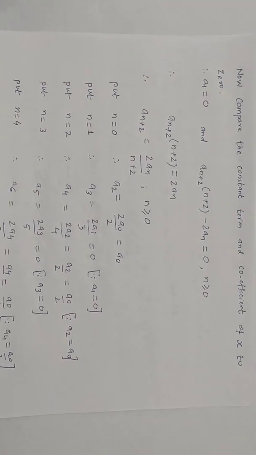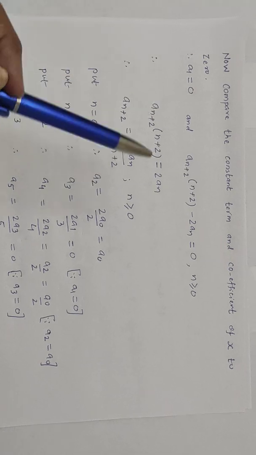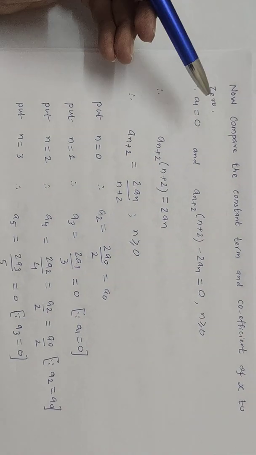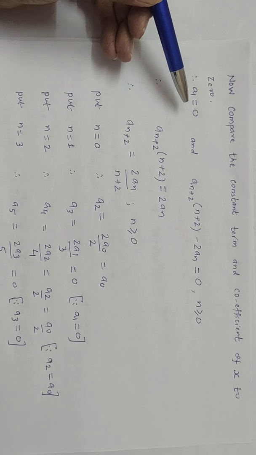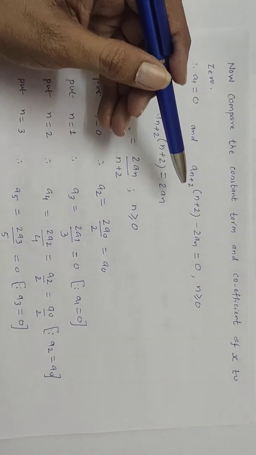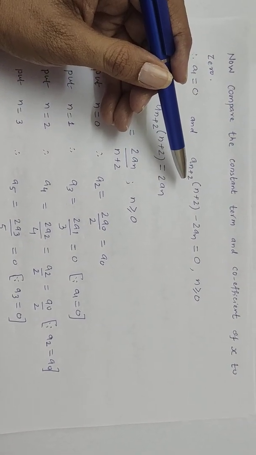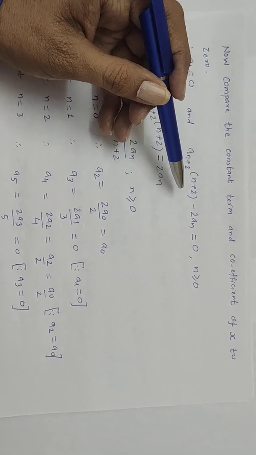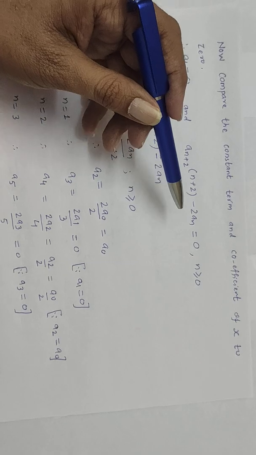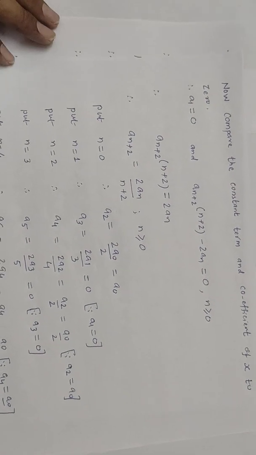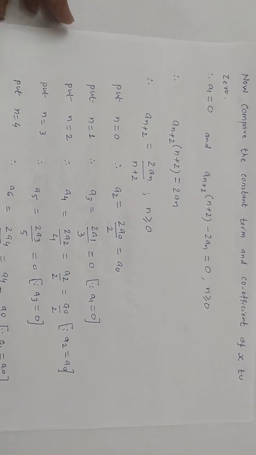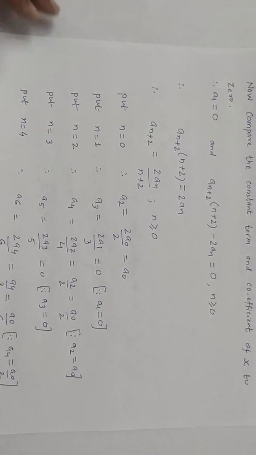So we have written over here again, now comparing the constant term and the coefficient of x to 0. The constant term is a1, so a1 is 0, and the coefficient of x raised to n+1, that is a_{n+2}(n+2) minus 2 times a_n, equals 0. This is for n greater than or equal to 0.